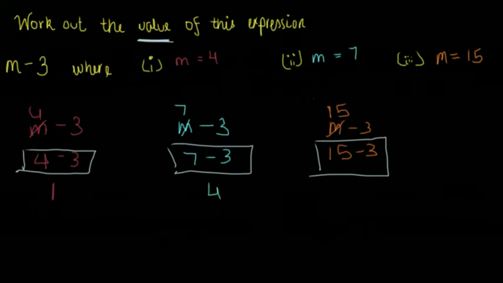Lastly, 15 minus 3, which is 12. So these are our final answers for the questions. So now I hope you get how you can form expressions and how easy they are actually.